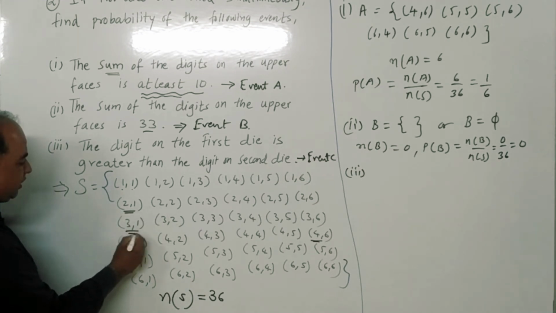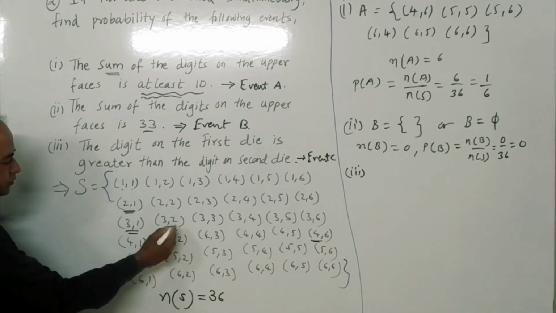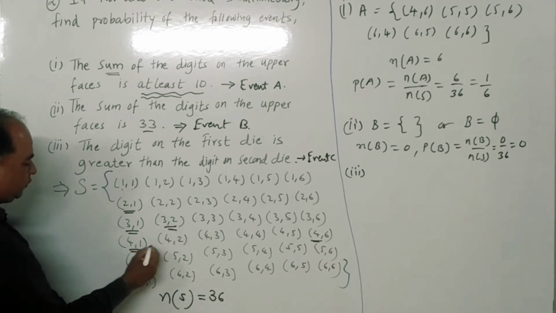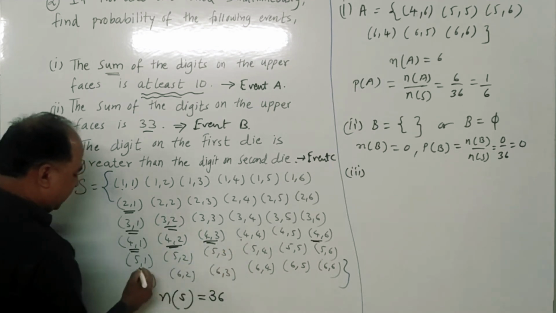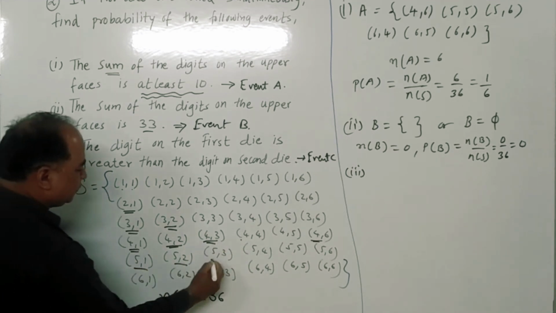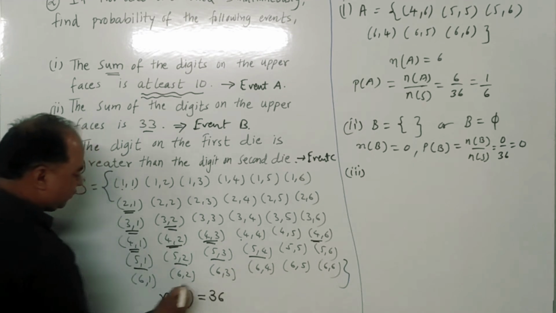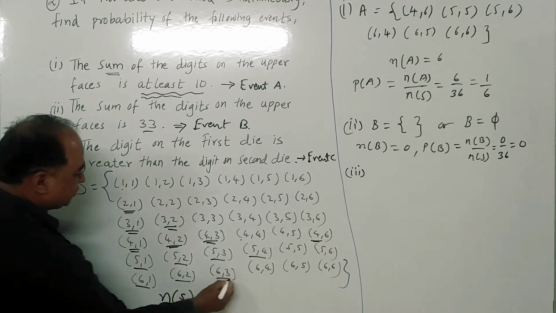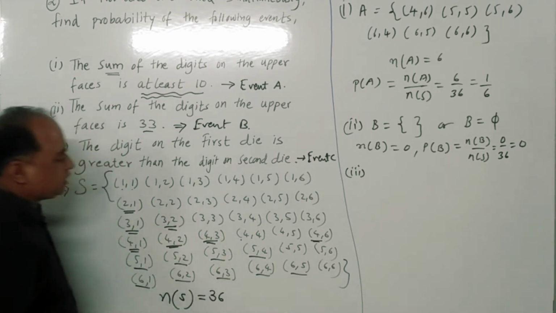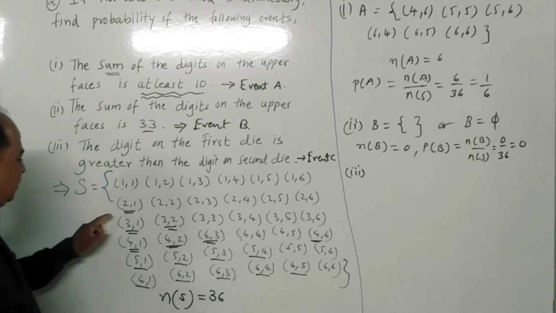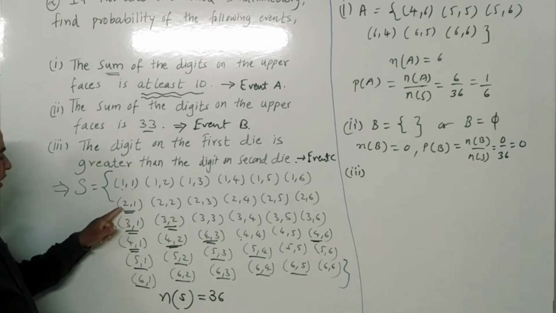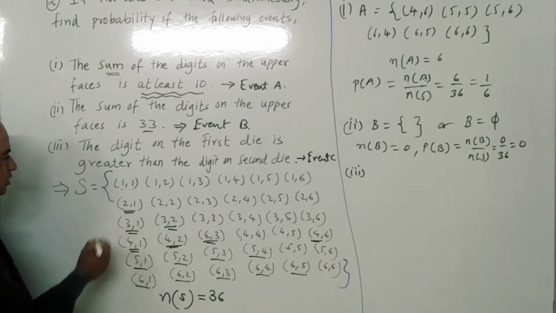Then 3 1, 3 2. Then 4 1, 4 is greater than 2, 4 2, 4 3. Then 5 1, 5 2, 5 3, 5 4, 6 1, 6 2, 6 3, 6 4 and 6 5. So these are the sample points where the score on the first die is greater than the score on the second die.